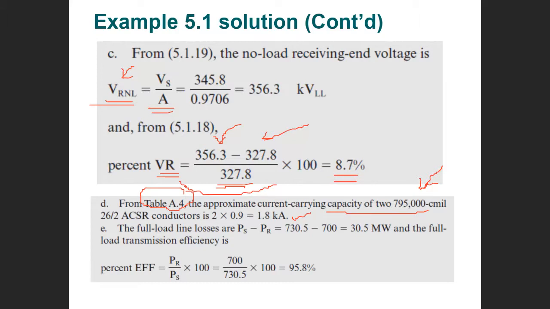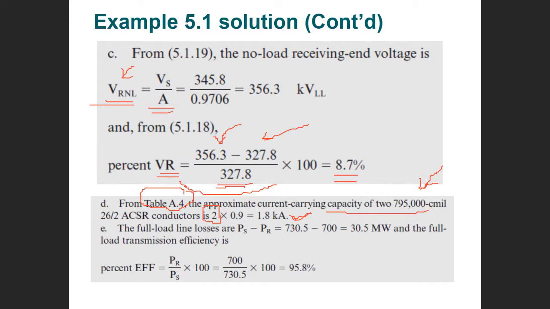Because we have two conductors, bundle conductors, as given in the problem statement. So therefore, the current capacity will be 1.8 kilo ampere. You see, now we deal with kilo ampere. Transmission line is always in thousands of ampere, 5,000, 4,000 ampere.